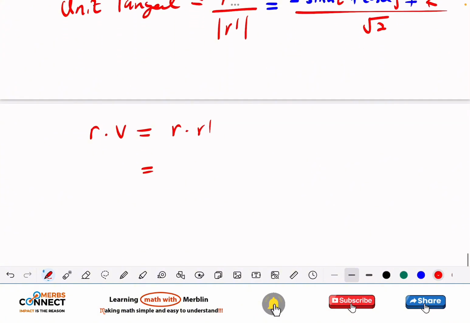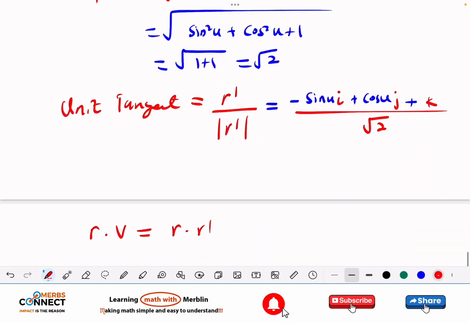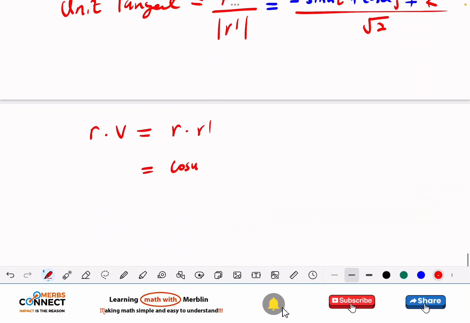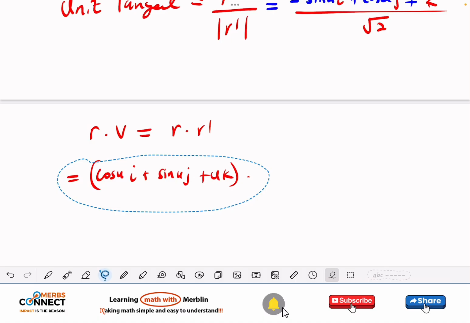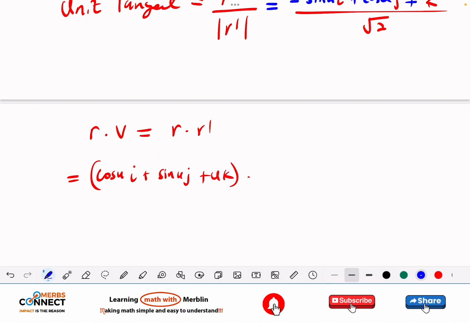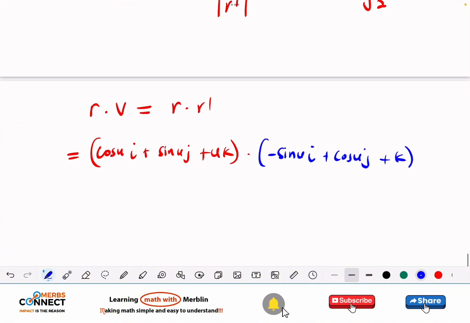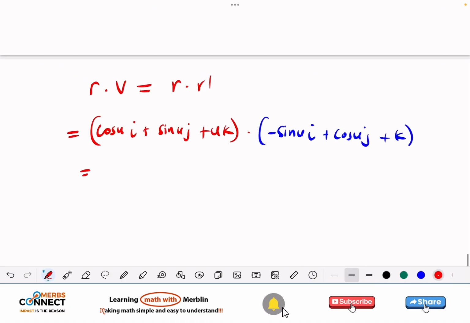So r here is cos u i, sin u j plus u k, dot r prime, which is minus sin u i plus cos u j plus k. So let's see what we are going to get from here.